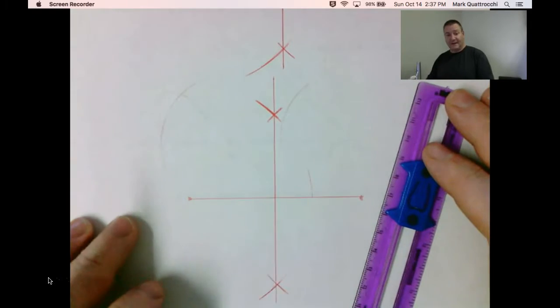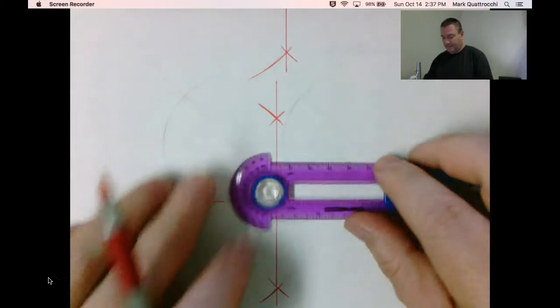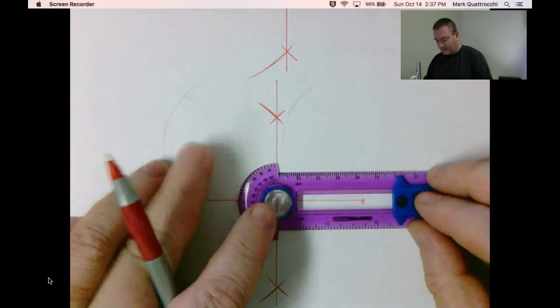I now need to cut that in half to make a 45-degree angle.